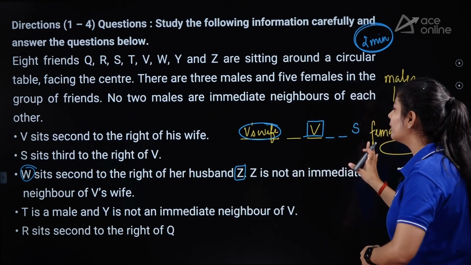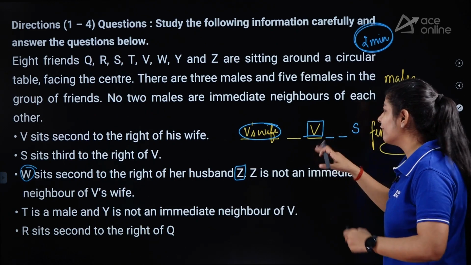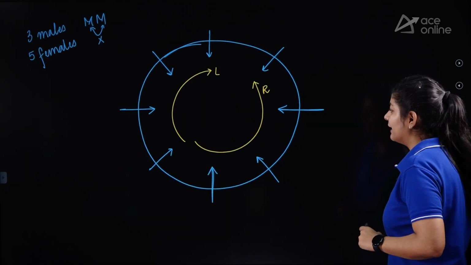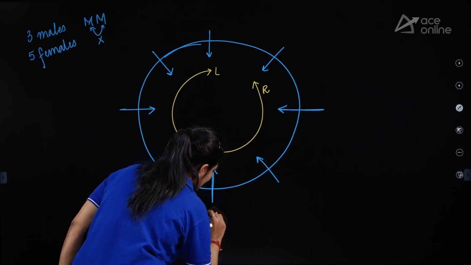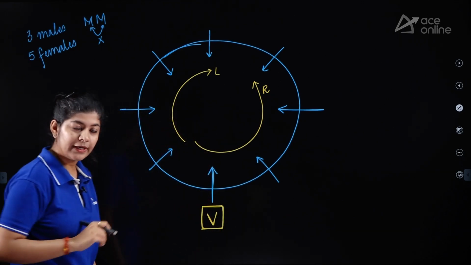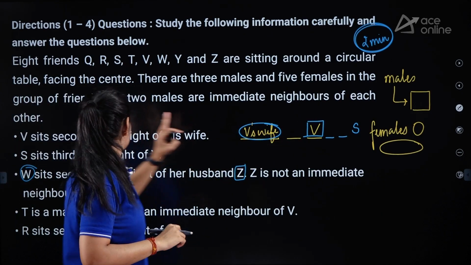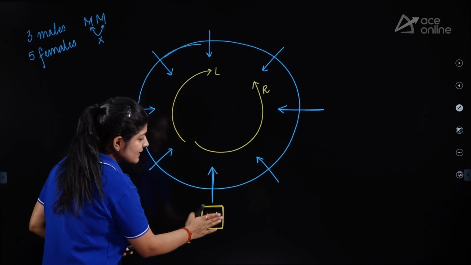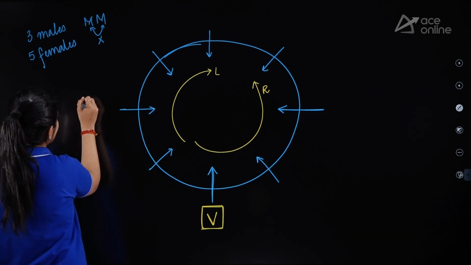Okay, so we can do one thing. First, we will plot these clues in our arrangement, and after that we will proceed with the rest. Let's suppose this is V, and he is male, so I am drawing a box over here. V sits second to the right of his wife, so this is the first right, and here we have V's wife.